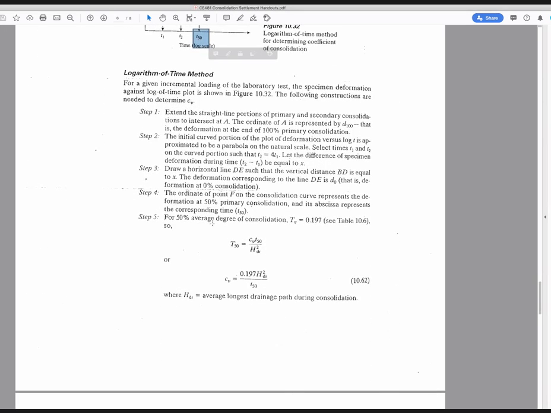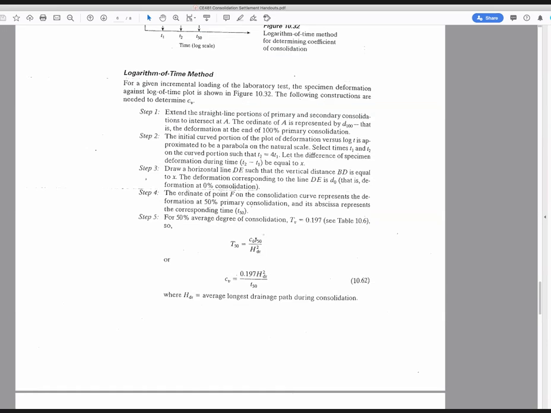At that stage, you can go back to this equation, and large time factor for T50 is kind of like T90. It's a known number. It's 0.197. You can also go right back to those equations if you want and solve for it, but there's not really a need because these are completely standardized numbers that are used. So big T50 is 0.197 by definition. C sub V is what we're solving for.